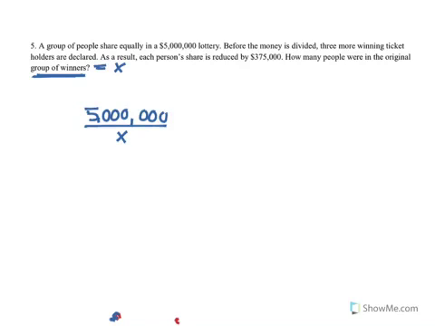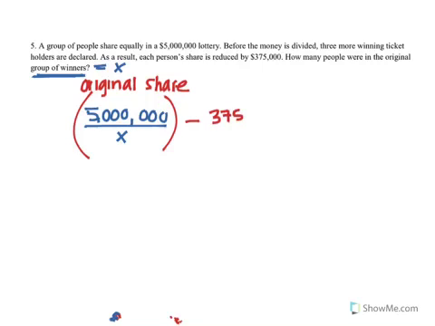This is your original share. But we know that after more people come forward, this number decreases by 375,000. And this is going to be equal to your new share of the prize.